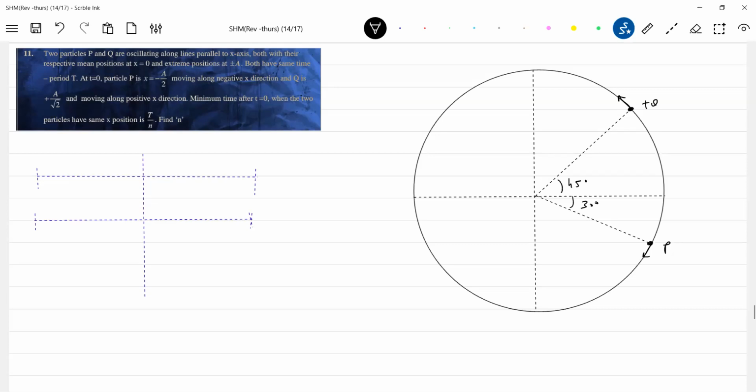Here P is at a by 2 and this Q is at A by root 2.